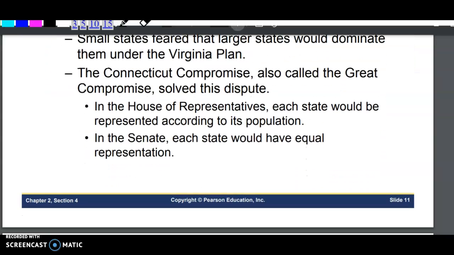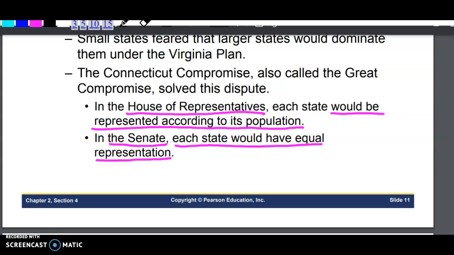The compromise they came up with is that the House of Representatives would be represented according to its population, the population of the state. And then in the Senate, the second house of Congress, each state would have equal representation.